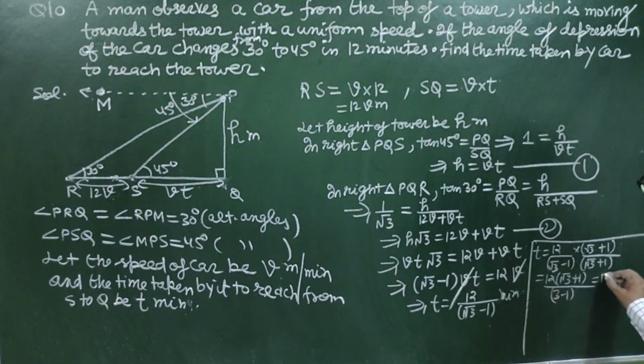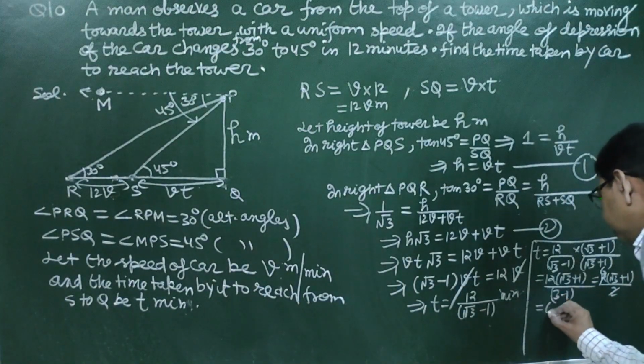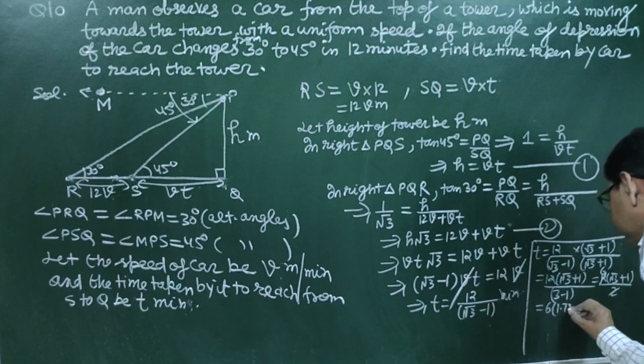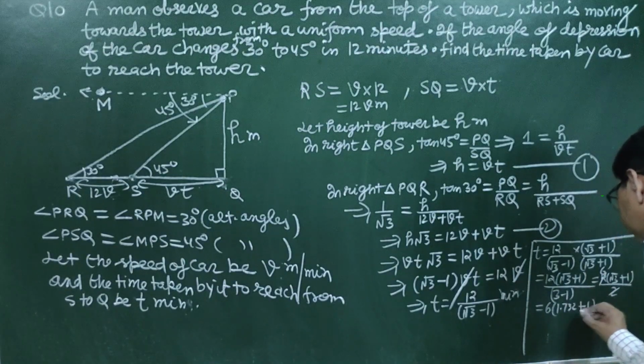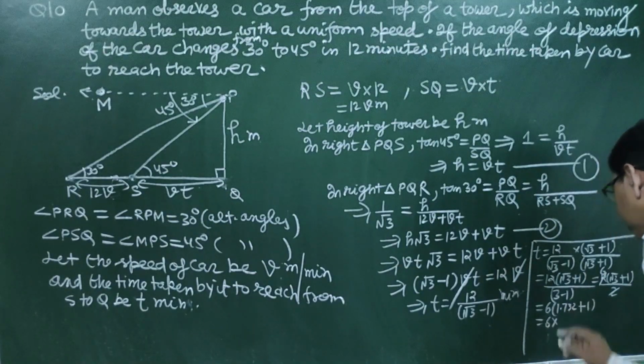So 12 into root 3 plus 1 upon 2, 6 times cancelled. The value of T is equal to 6 into 1.732 plus 1, that is 6 into 2.732.